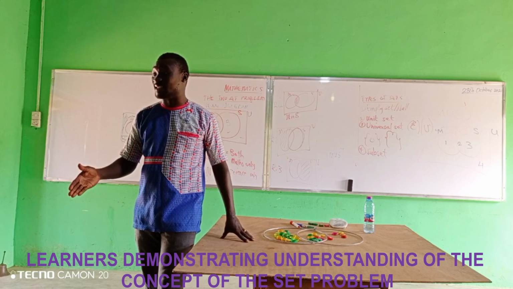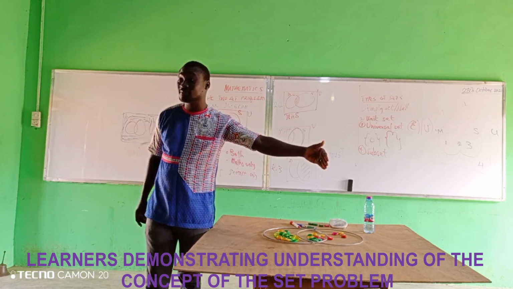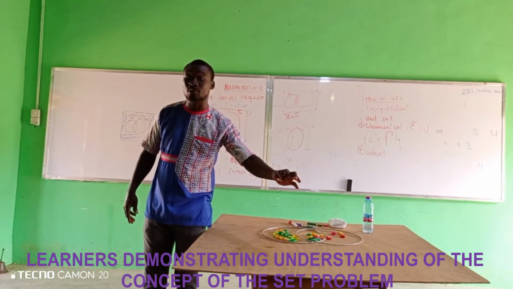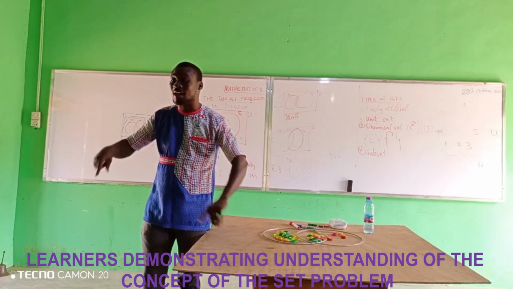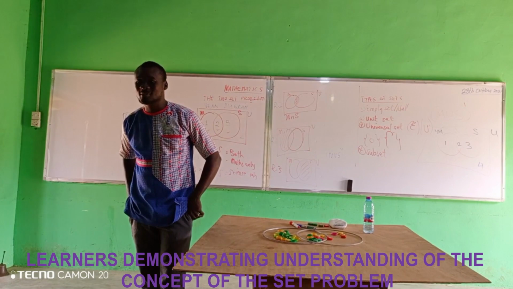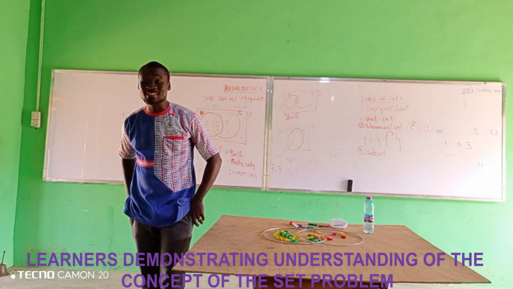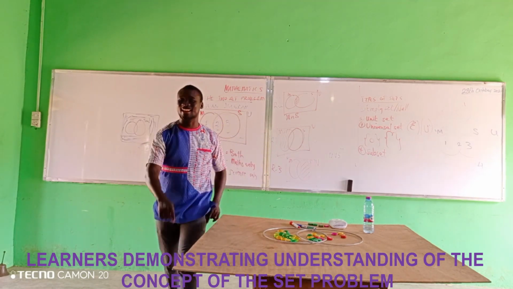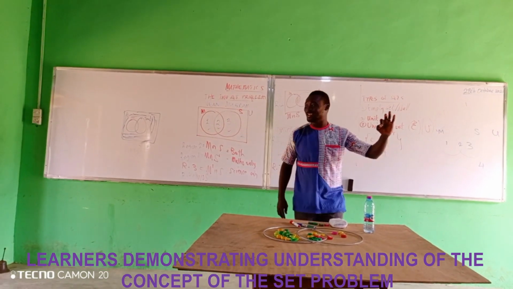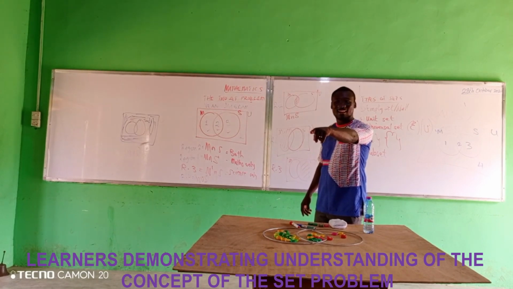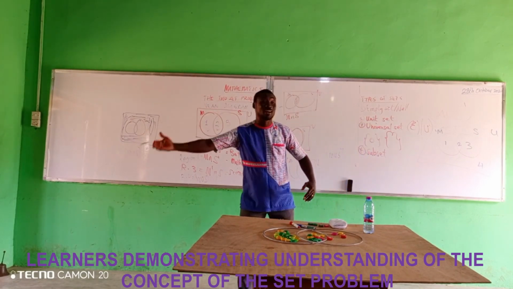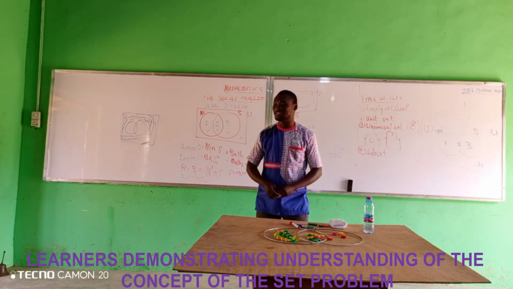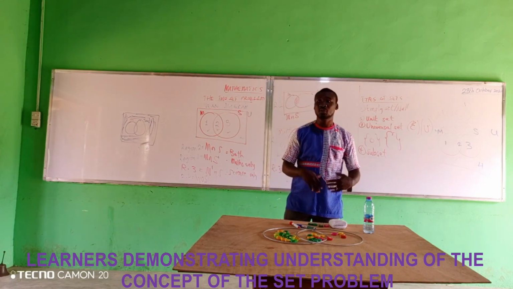The class is 31, 14 offer science and 20 offer mathematics. 20 plus 14 will give us 34. The class is 31. So the extra number of students are those who offer both science and maths. That's what we are going to do in our next meeting.